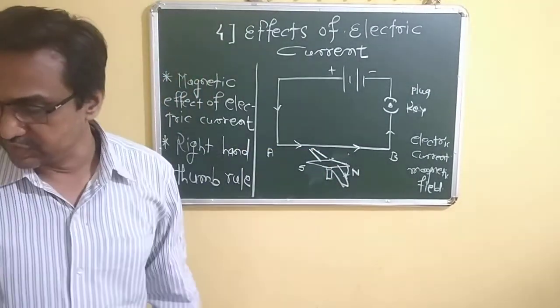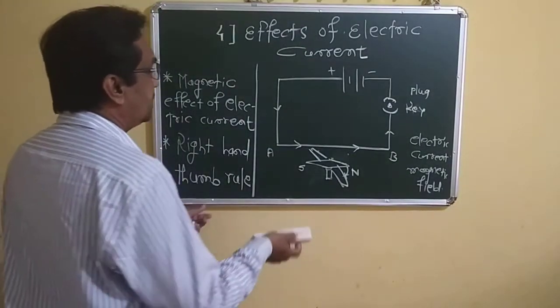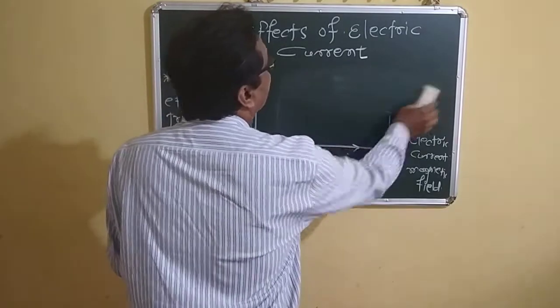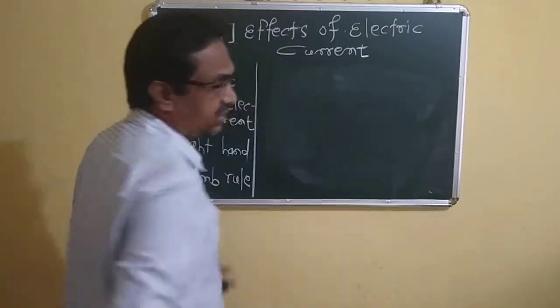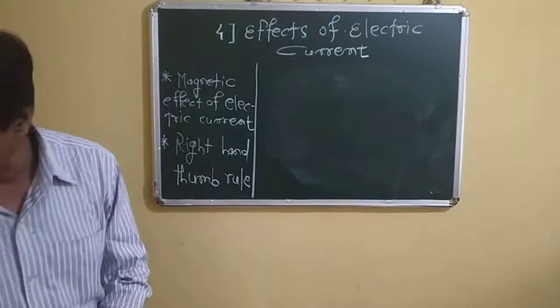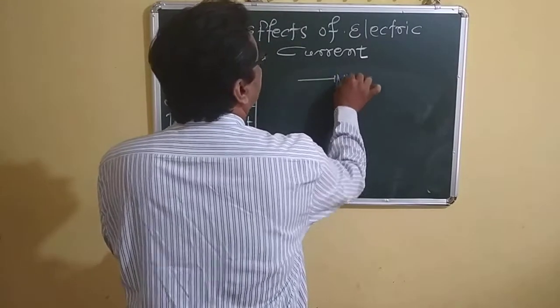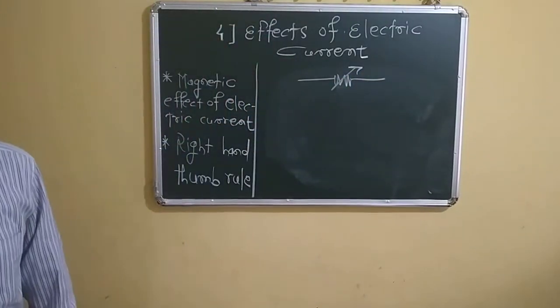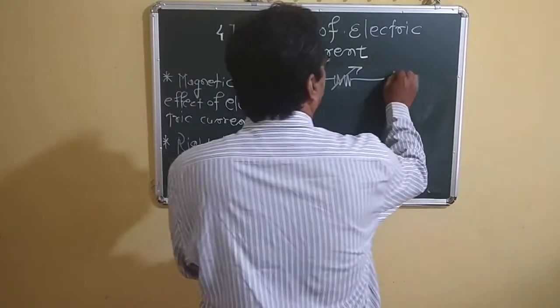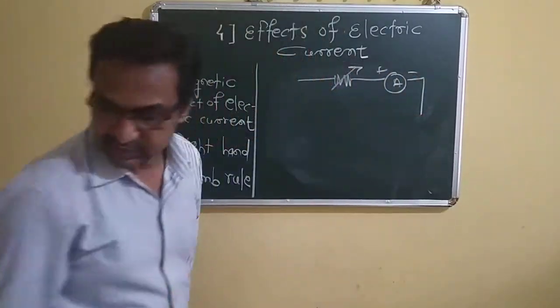Okay, so the first experiment we have already seen. In the next experiment, on page number 52, we can see a variable resistance, that is a rheostat, then an ammeter, with which we can find out how much current is there.